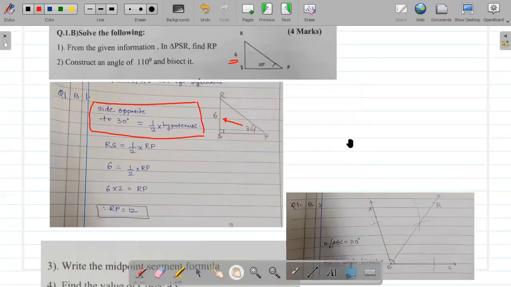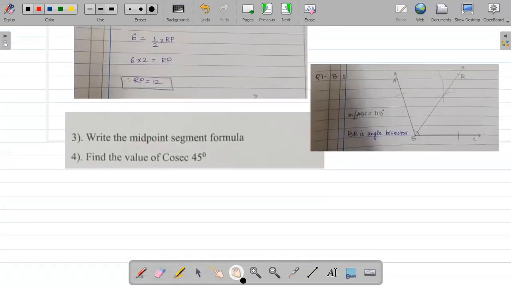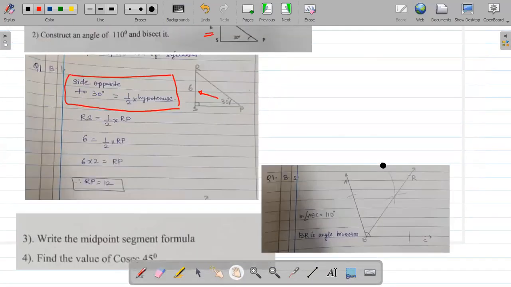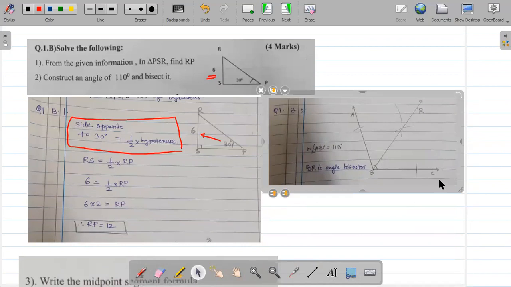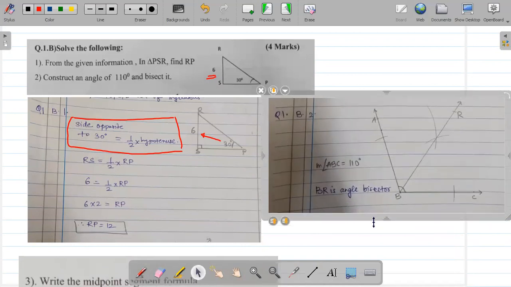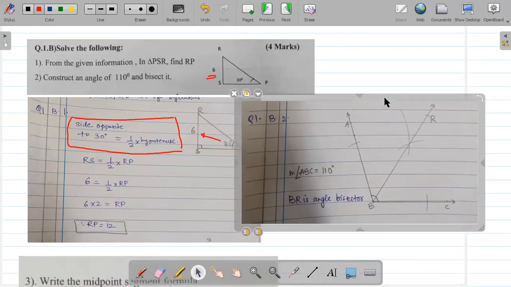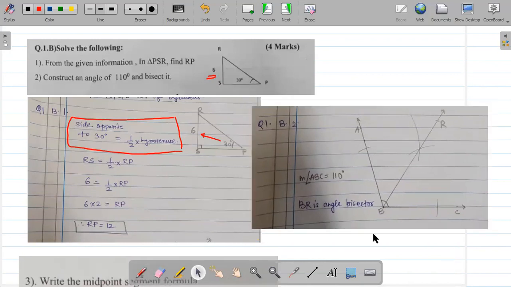So I will be straight away sharing something that I already have with me. That's the solution. First you need to start with drawing out this angle, which is 110 degrees, by using a protractor.